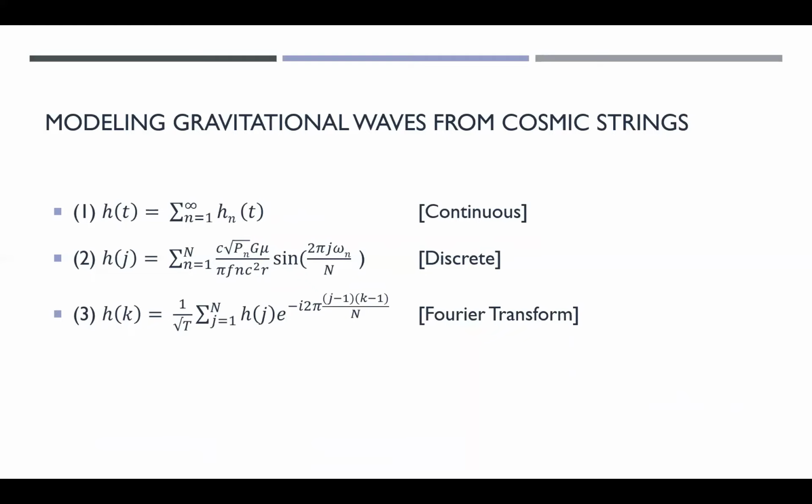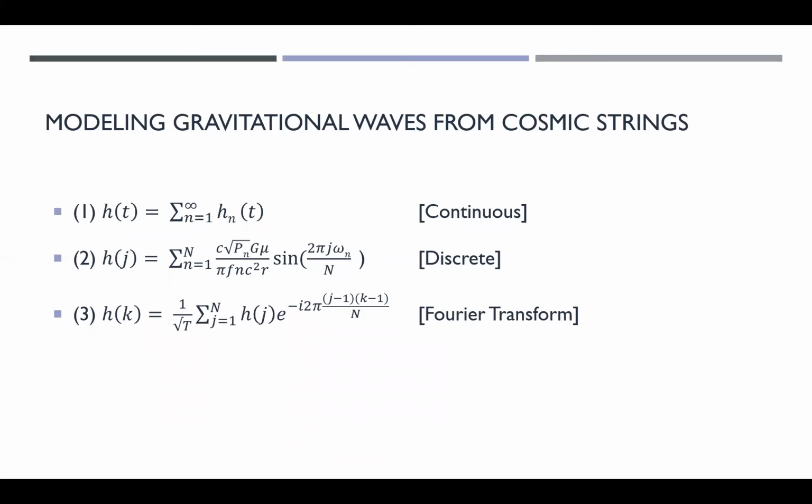The equation h of t models the continuous time domain signal from the cosmic string loop. Since we cannot observe for an infinite time, we need a discrete time series as shown in equation 2. Equation 2 is essentially the continuous time domain signal multiplied by an integration time or period of observation t.